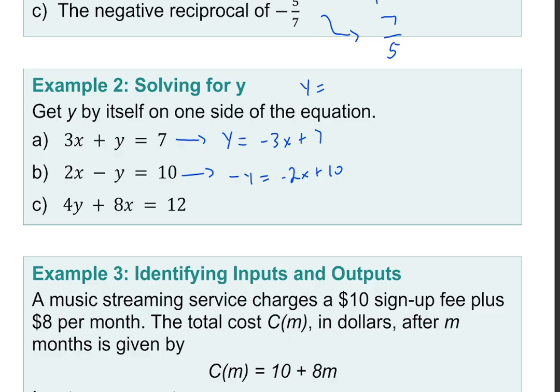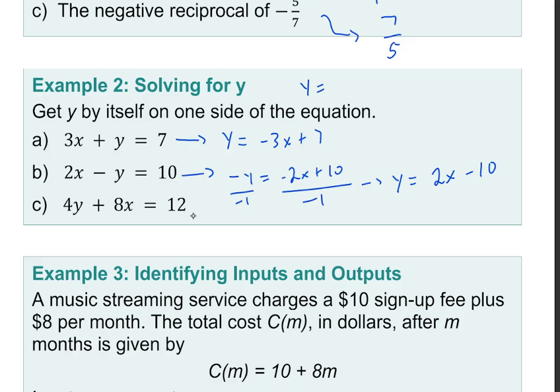Now there's still a negative in front of that y, so we need to divide both sides by -1, and we get y equals 2x minus 10. So I have to do the -2x divided by -1 and I get positive 2x, and then I do the positive 10 divided by -1 and get -10. So that second one is y equals 2x minus 10.